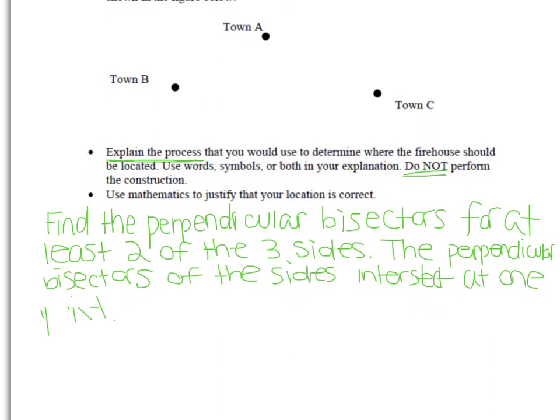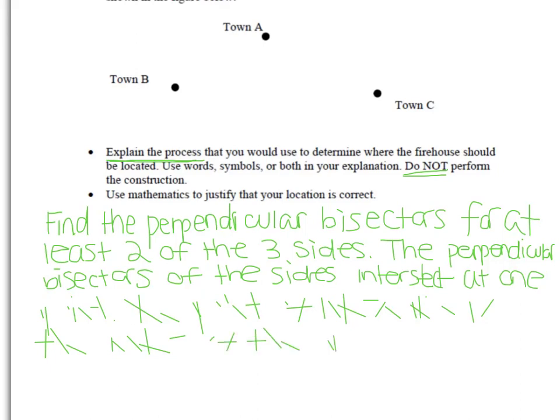I do need to use mathematics to justify that my location is correct. And so another comment I would say is the point of intersection is the center of the circumscribed circle.